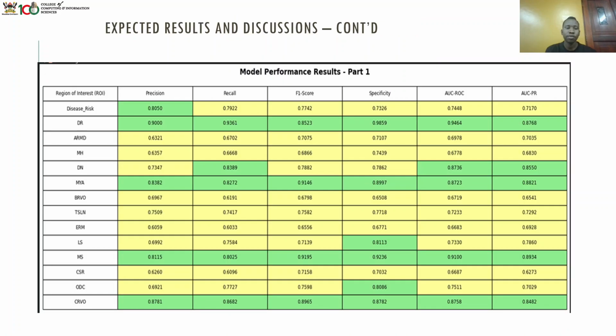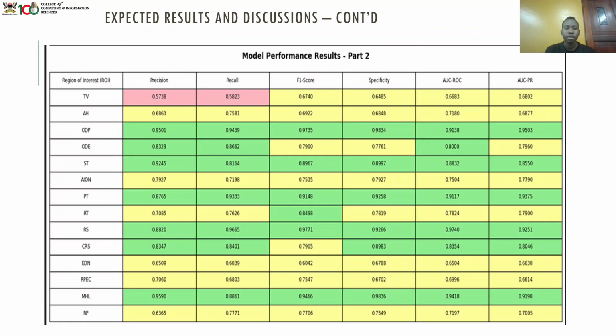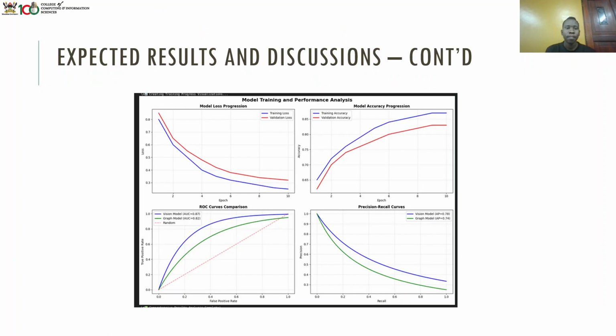So these are expected results per region, where the precision, recall, F1 score, specificity, and AUC ROC. So these are also still the continuation of the previous slide.